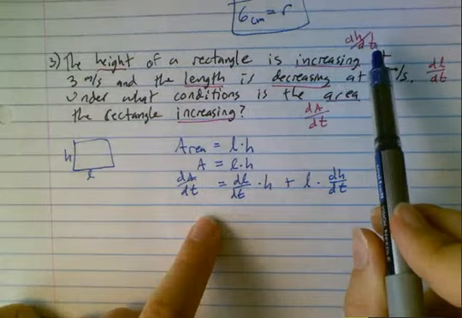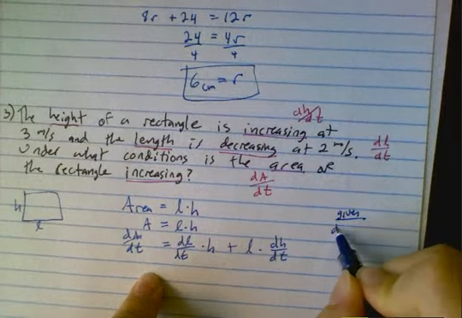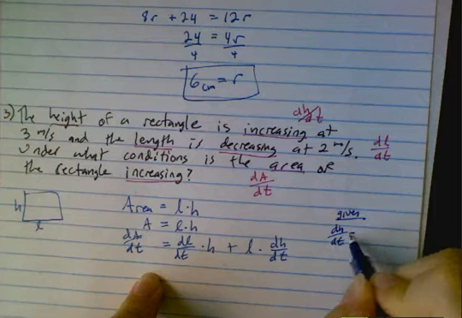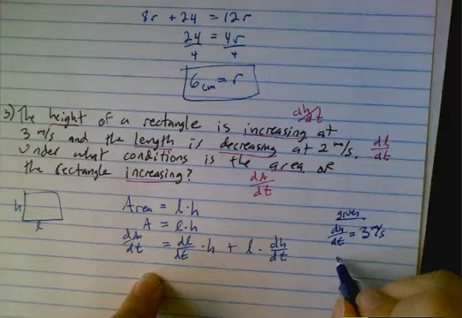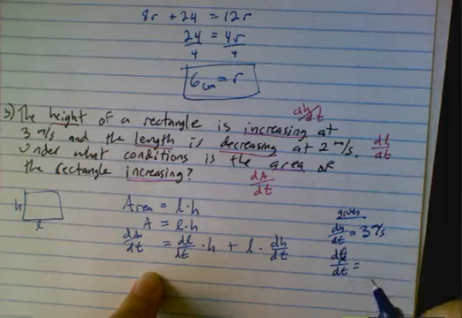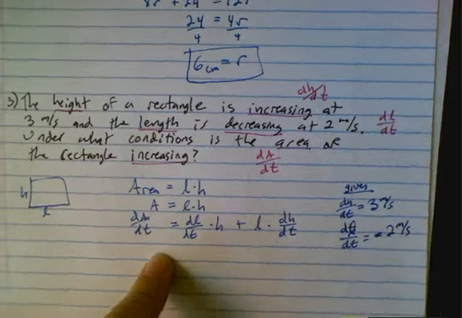dh/dt is 3 meters per second. dl/dt is decreasing, so it's negative. It's negative 2 meters per second.